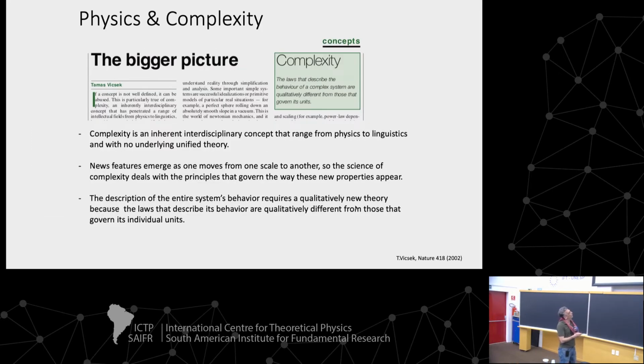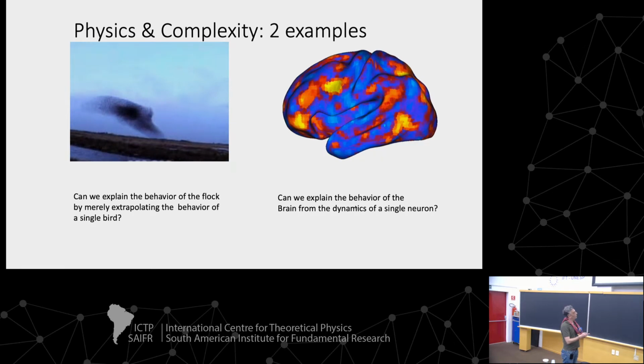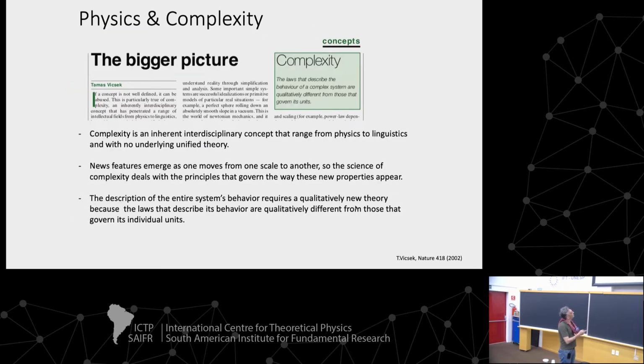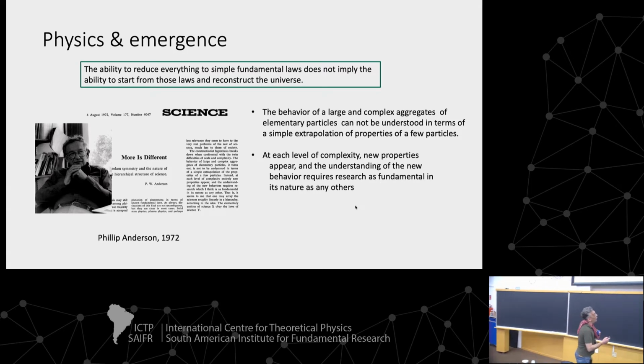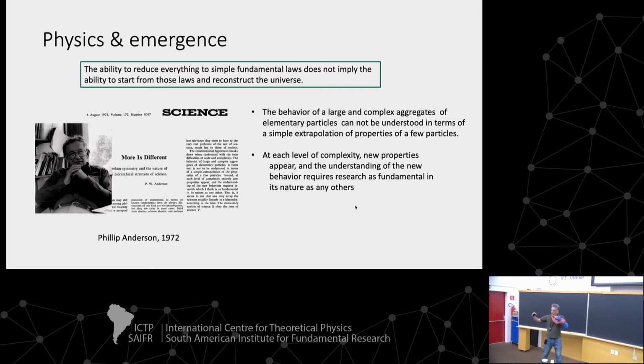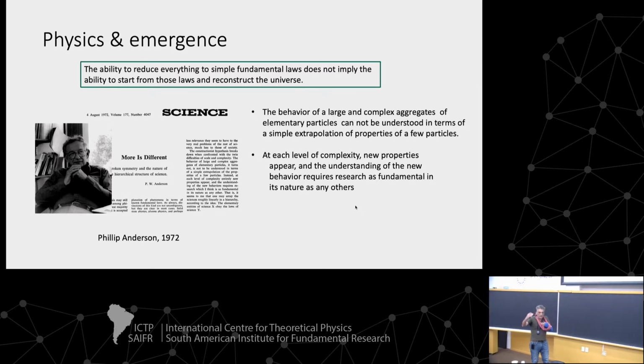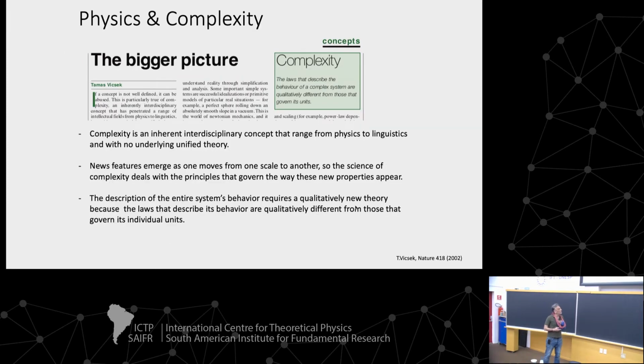The behavior of a complex aggregate system is complex in itself, and at each level of complexity, we have to do some fundamental research. When we have an assembly of different levels of organization, there is always some complexity to address and some fundamental research to do at each level of this organization.